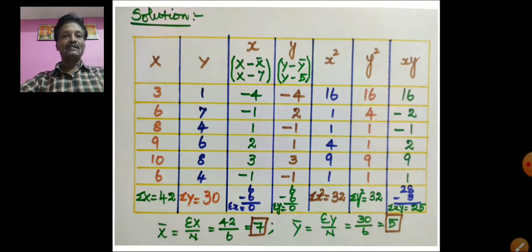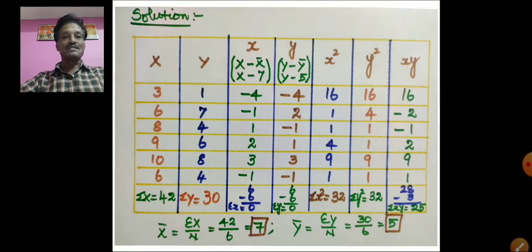In between x and x bar we have a minus sign, so you must be very careful in giving the sign. If the x value is lesser than the x bar value, the deviation should be negative. If the x value is greater than the x bar value, the deviation is positive. So here 3 is lesser than the x bar value 7.